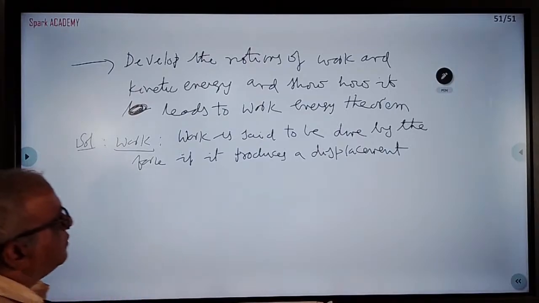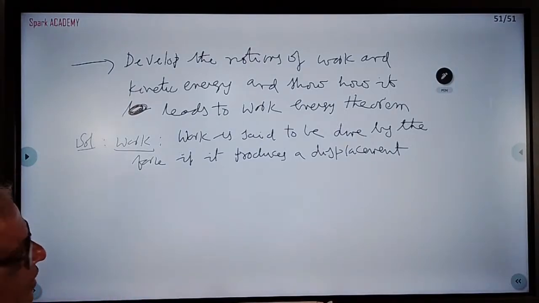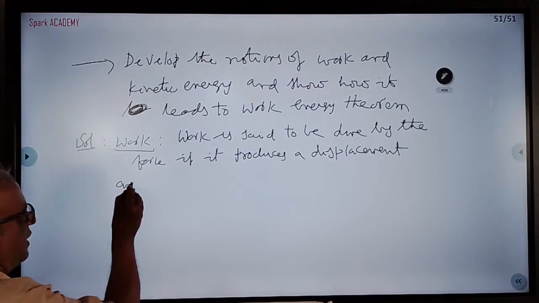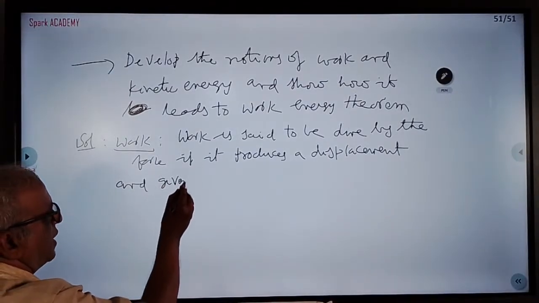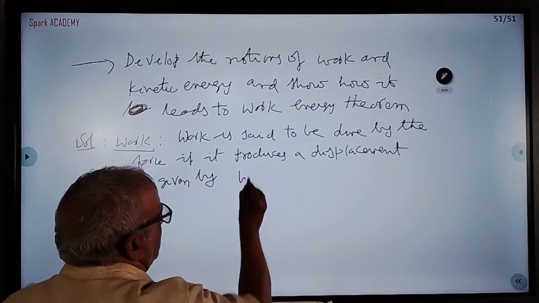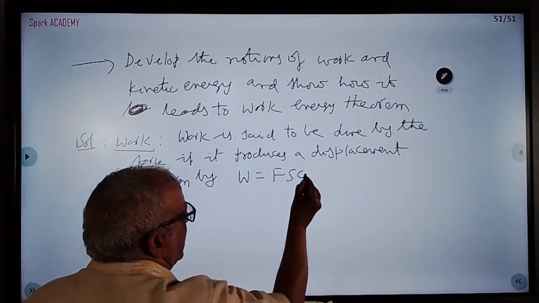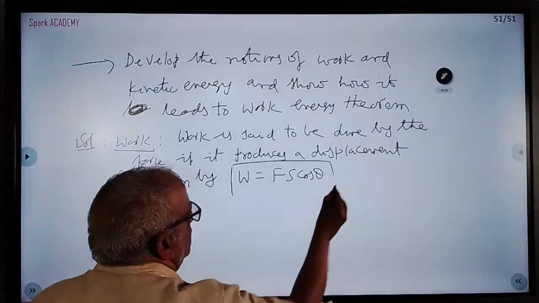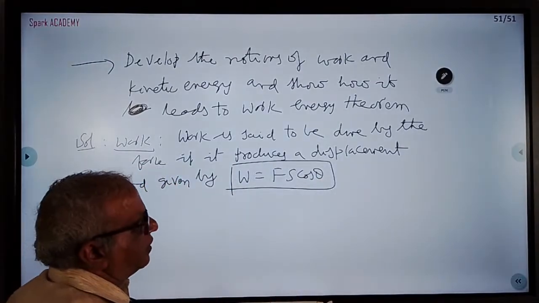Work is said to be done by the force if it produces a displacement, and is given by the product of force and displacement. Work is given by the formula W equals Fs cos theta.